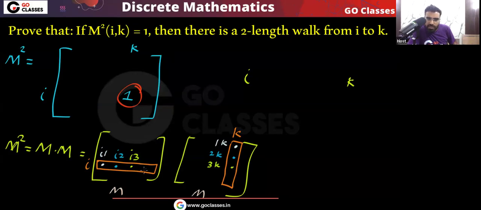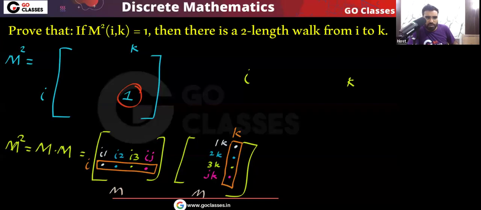Can you give me a general case? The general case will be something like this: this is ij, for example, and then this is jk. Ij will multiply with jk. Very simple point: I1 will multiply with 1k, I2 with 2k, I3 with 3k, Ij with jk.